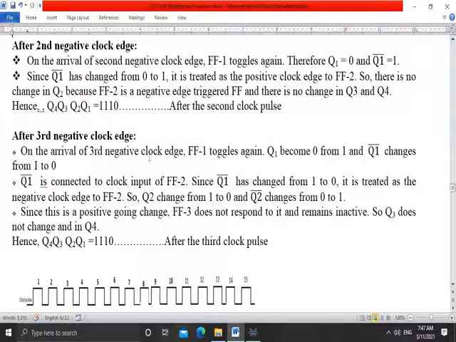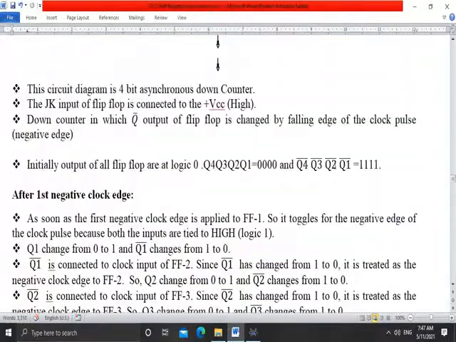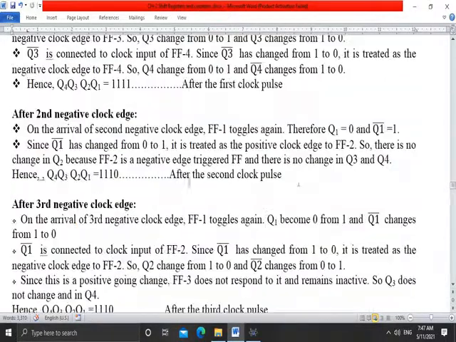On the arrival of the third clock edge, flip flop 1 toggles again, Q1 becomes 1 from 0. Q1 bar changes from 1 to 0. Q1 bar is connected to the clock input of flip flop 2. Since Q1 bar is changed from 1 to 0, this is treated as a negative clock edge for flip flop 2.